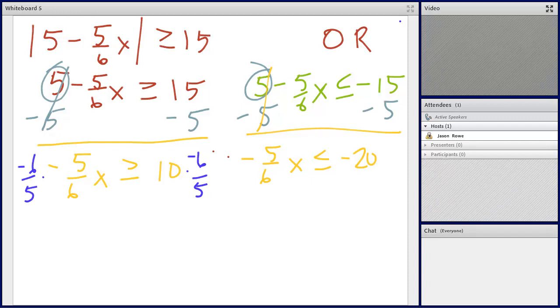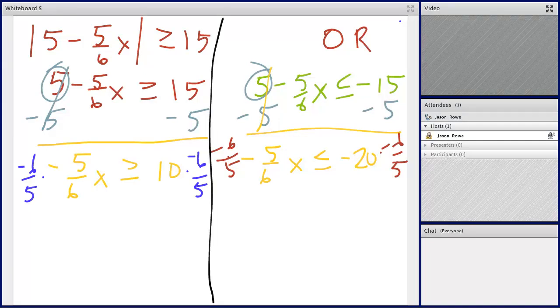Solve this at the same time, and negative 6 over 5. I'm going to put a line down the middle so we don't get confused. There we go. Okay.